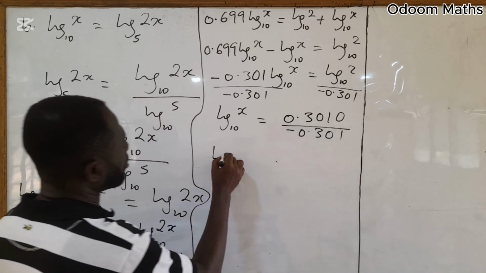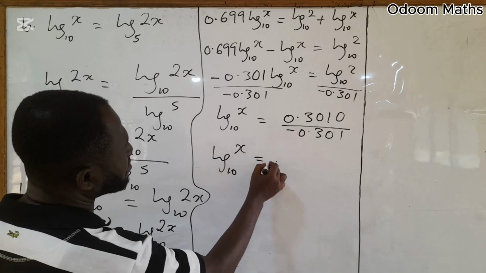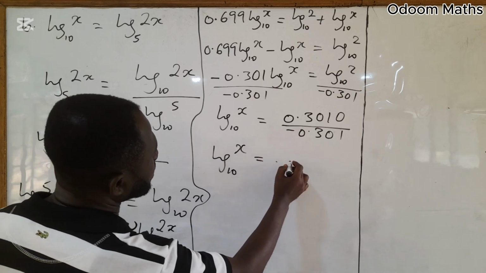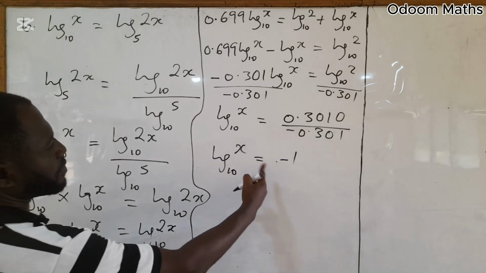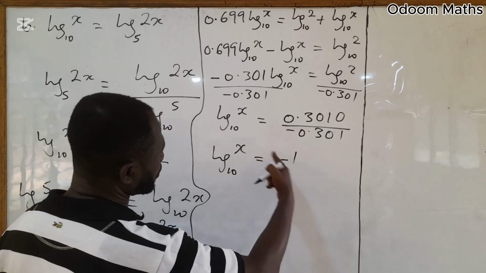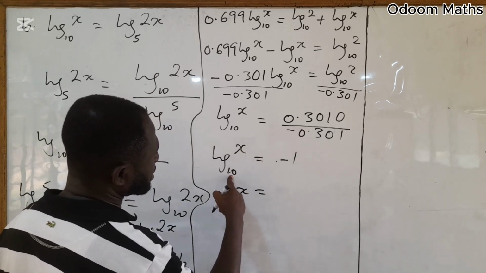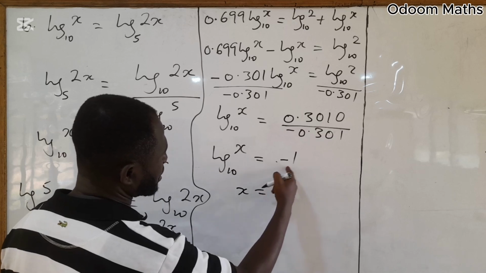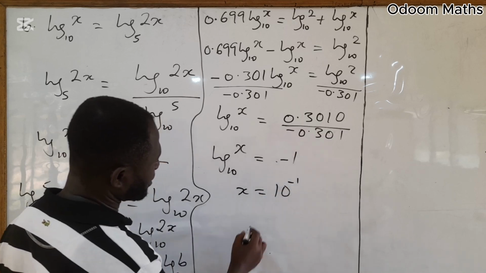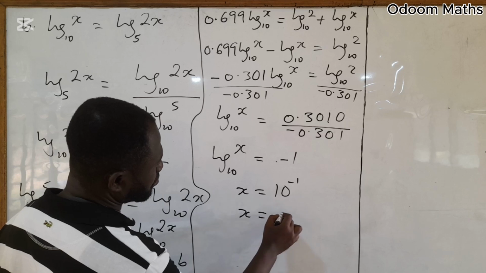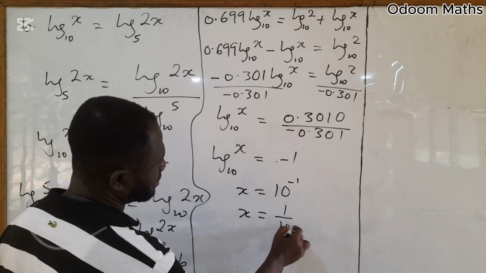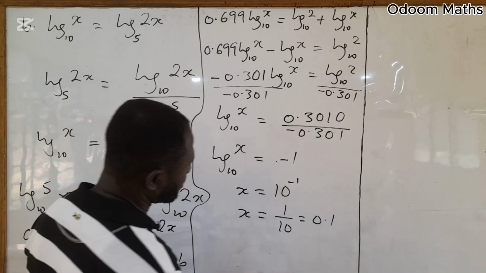So log x base 10 becomes negative 1. From here, as usual, we need to change this one to indices. So x becomes 10 to the power negative 1. So x is going to be 1 over 10, or 0.1.